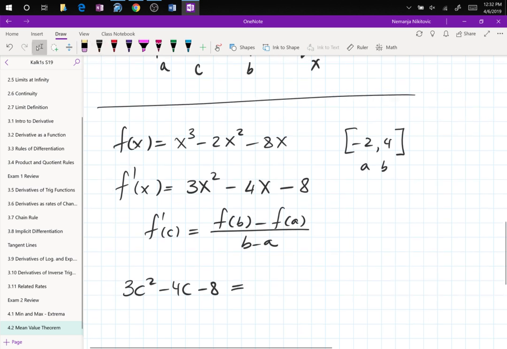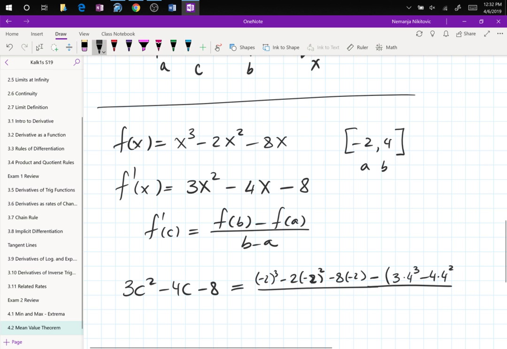Now, we have f of b, so that's going to be negative 2 cubed minus 2 times negative 2 squared minus 8 times negative 2, minus, open parenthesis, 4 cubed minus 2 times 4 squared minus 8 times 4.